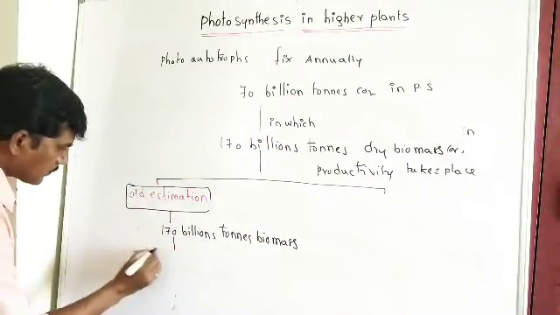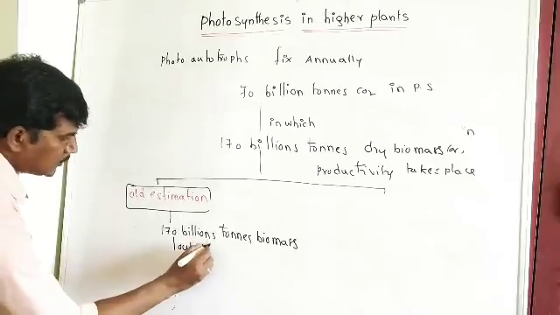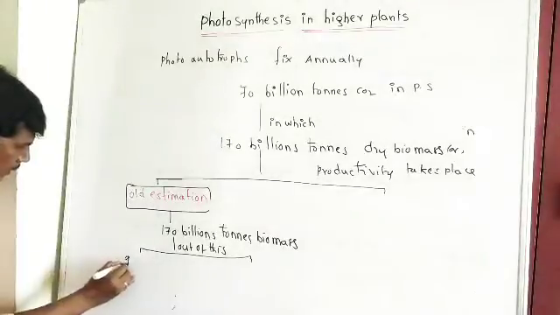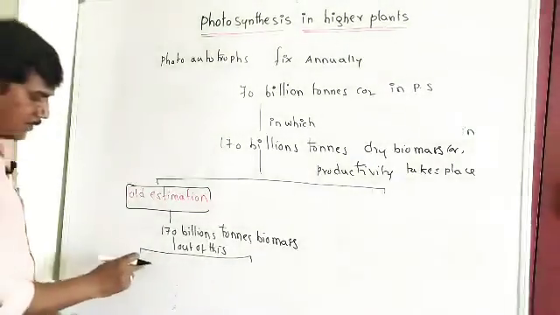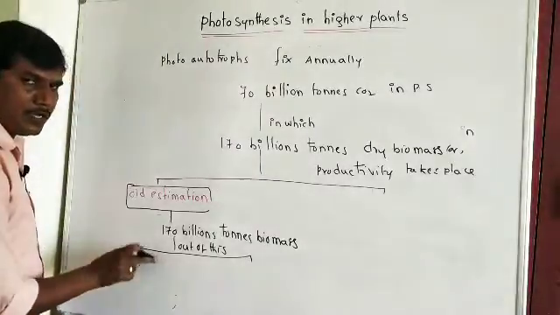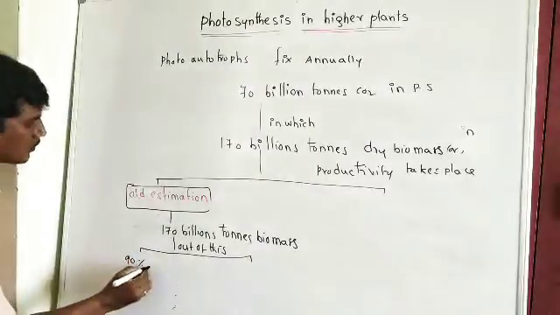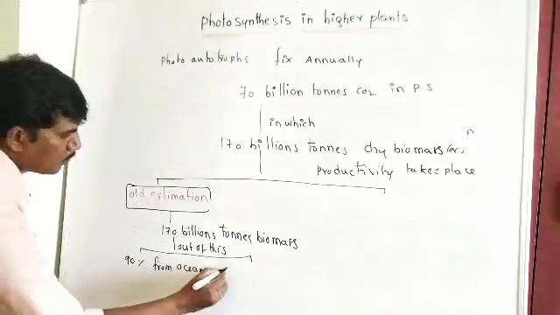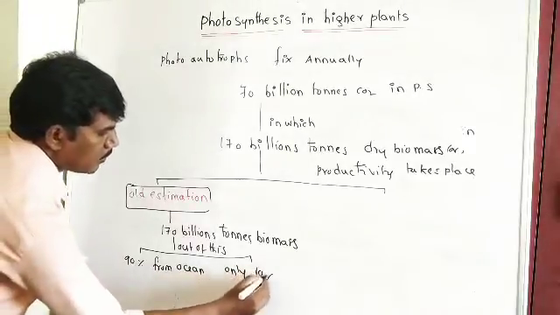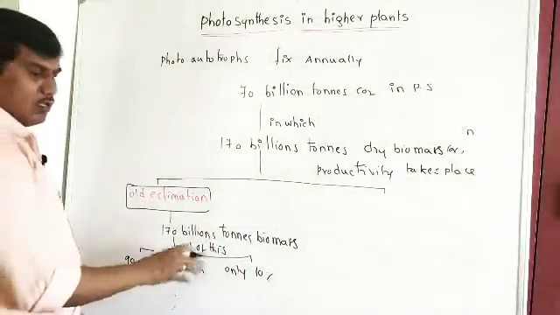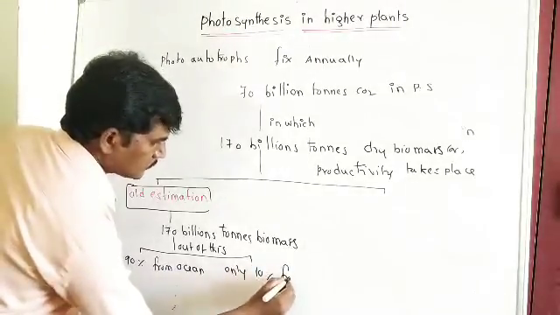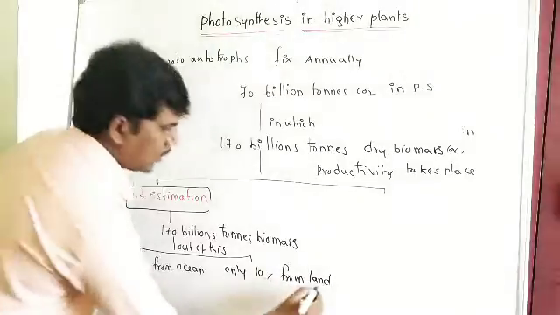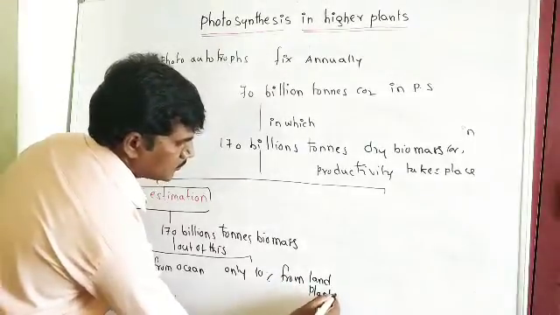Out of this, very important, 90% of productivity comes from the ocean. Only 10% of biomass or productivity comes from land plants or terrestrial plants.